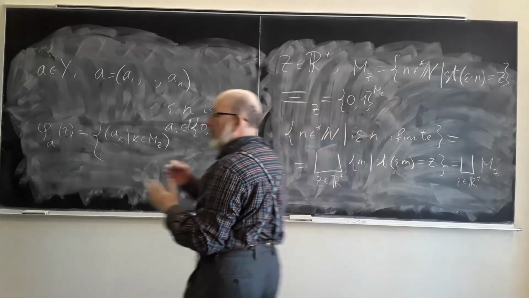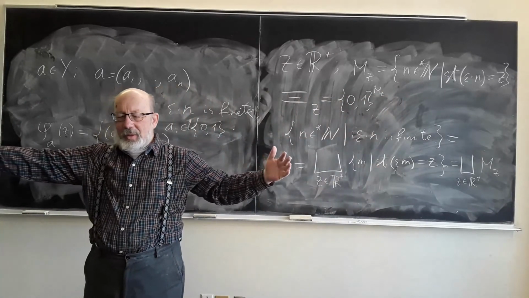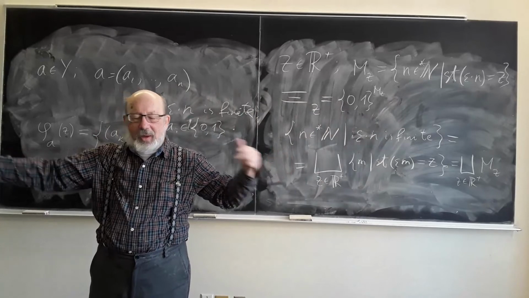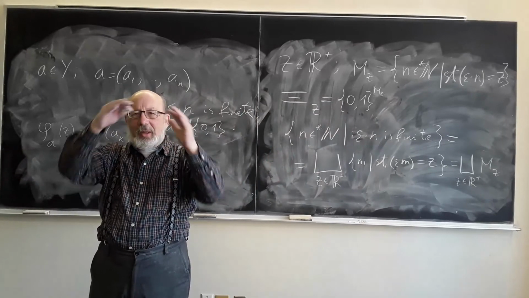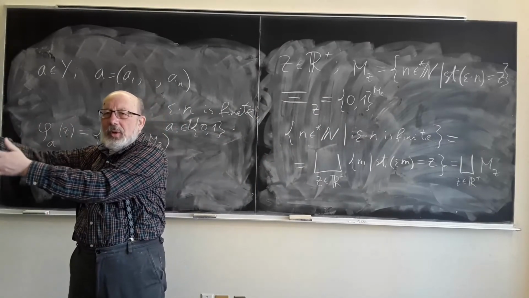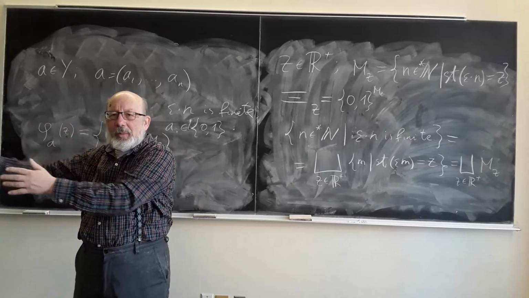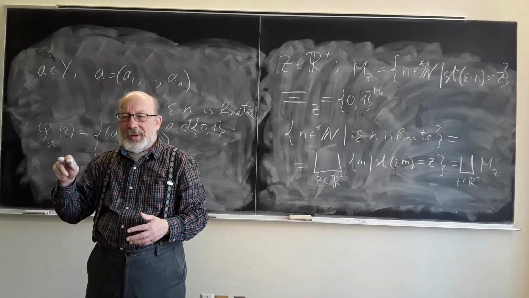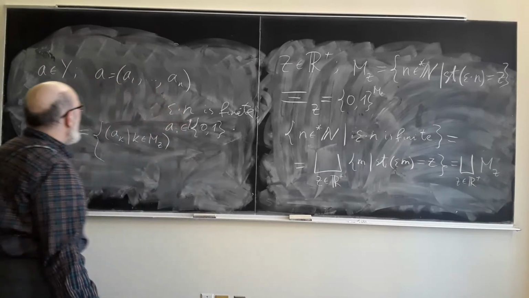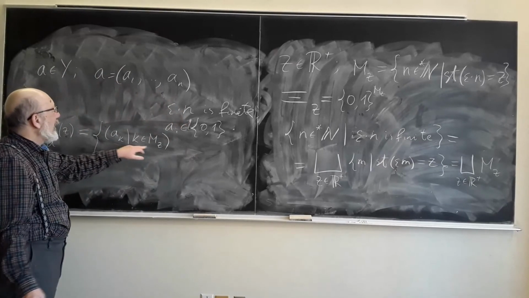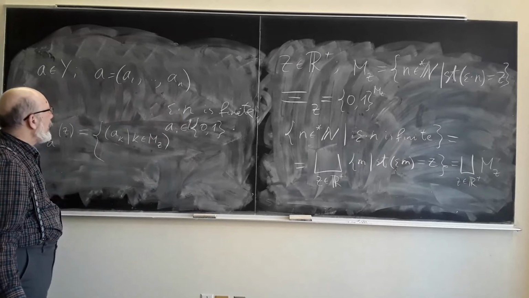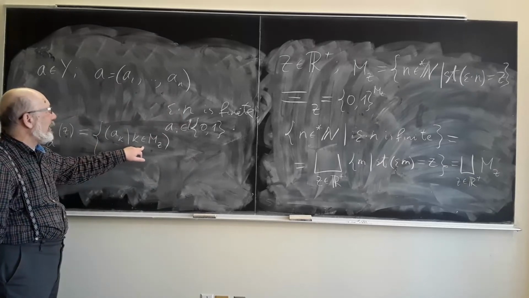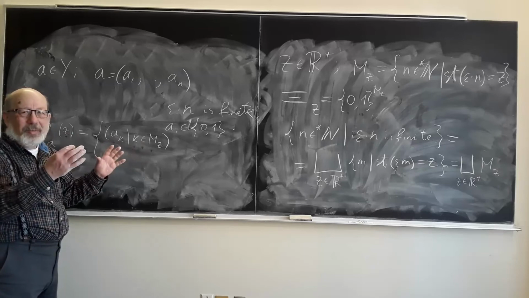So this long segment of non-standard integers is divided into non-intersecting sets MZ, one for each standard real z. We take a piece of this sequence.